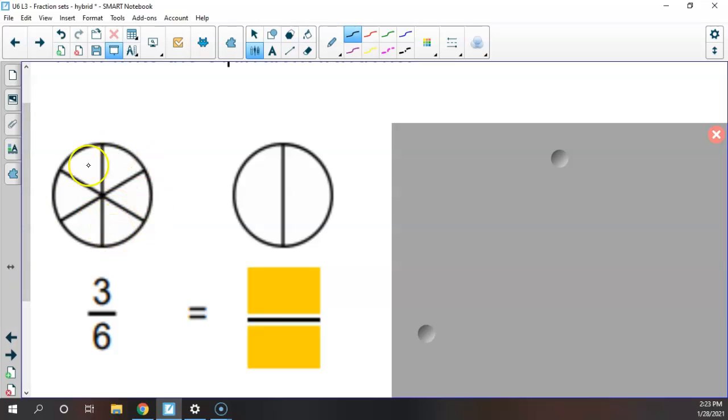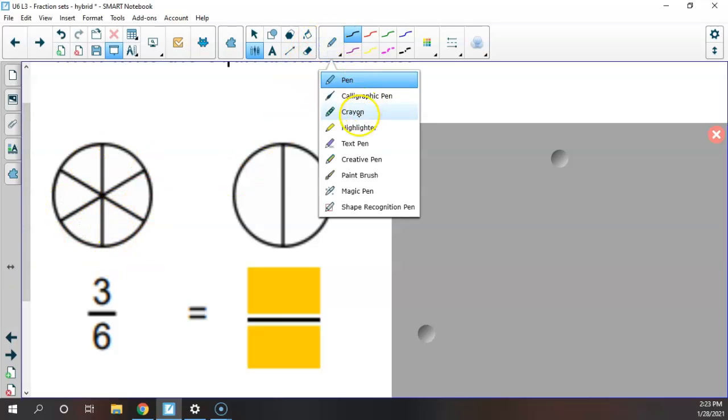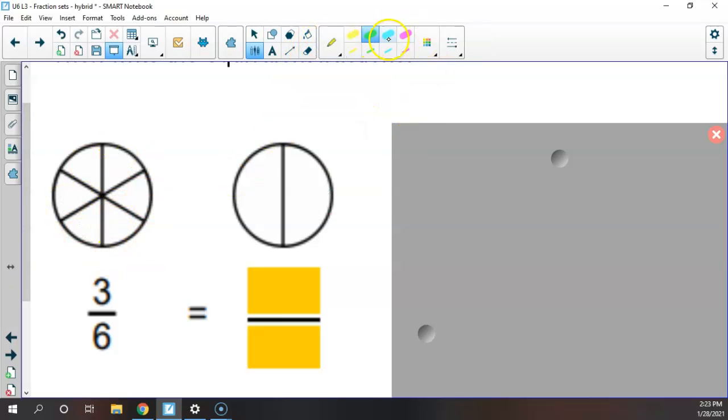So I'm going to shade this first one, showing that it is 3/6. I'm going to use a different color this time. So 6 is my denominator. That means there are 6 total pieces, and I need to shade 3 of them. So there's my 3 pieces out of 6 that are shaded. And to show that on this one, I'm going to go ahead and color in this.